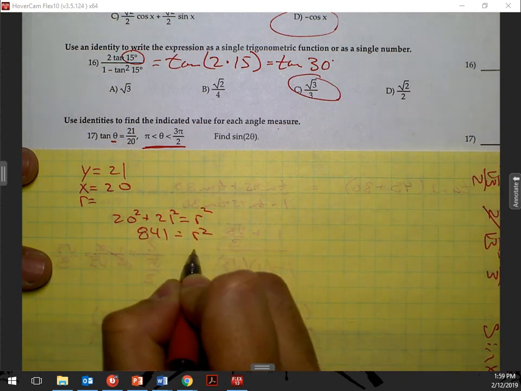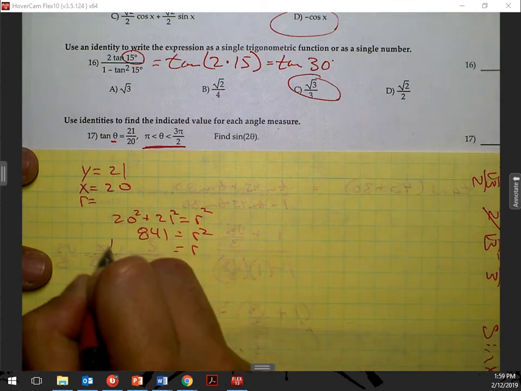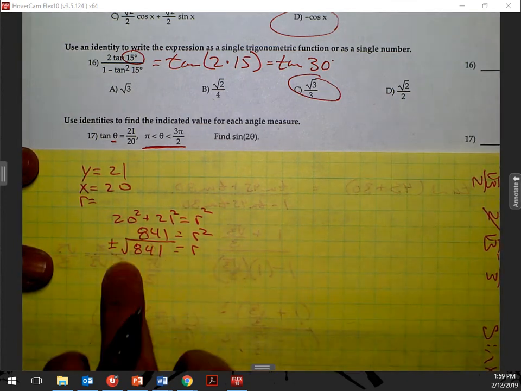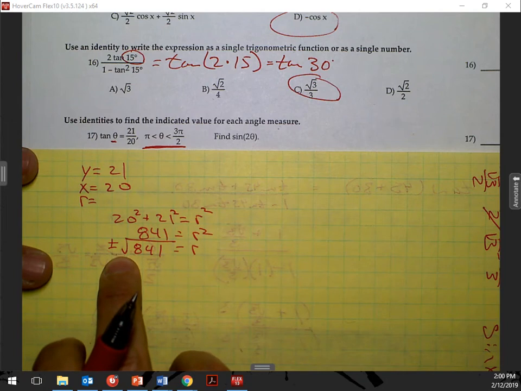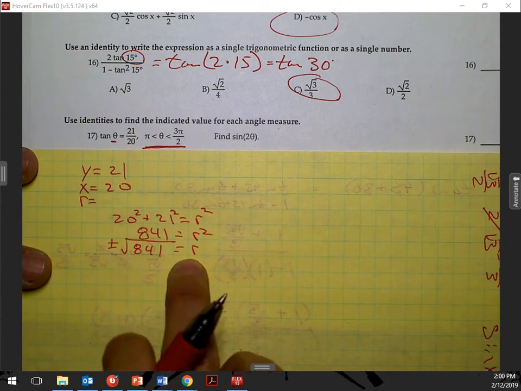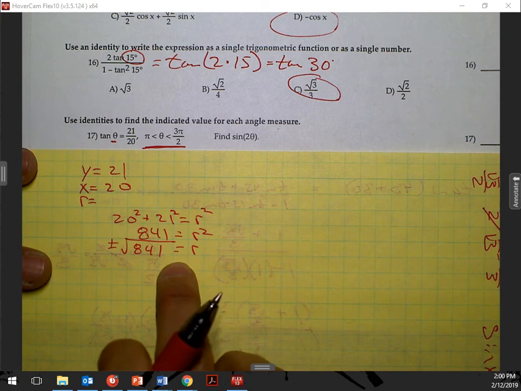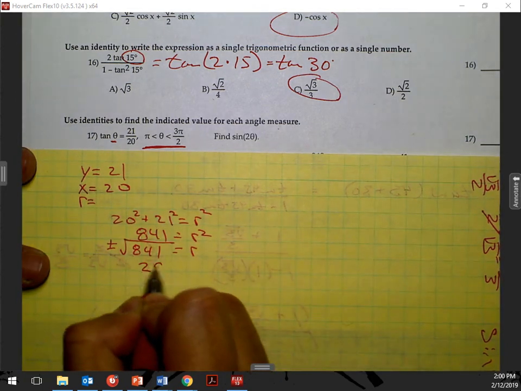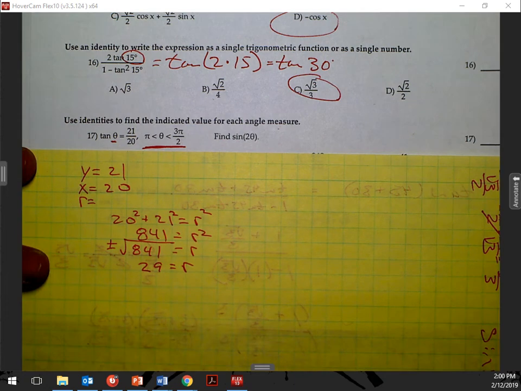And then take the square root. So r equals plus or minus square root of 841, which is 29. But it's going to be positive, right? The radius is my distance, and distance is always positive. So r is 29.